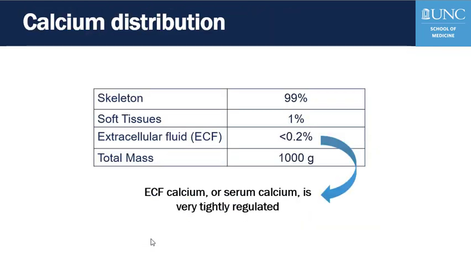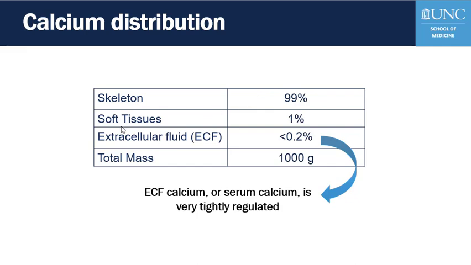So let's first look at calcium itself and how it's distributed in the body. The vast majority of calcium exists in the skeleton, meaning in the bones and the teeth, and 99% of all the body's calcium is located here.